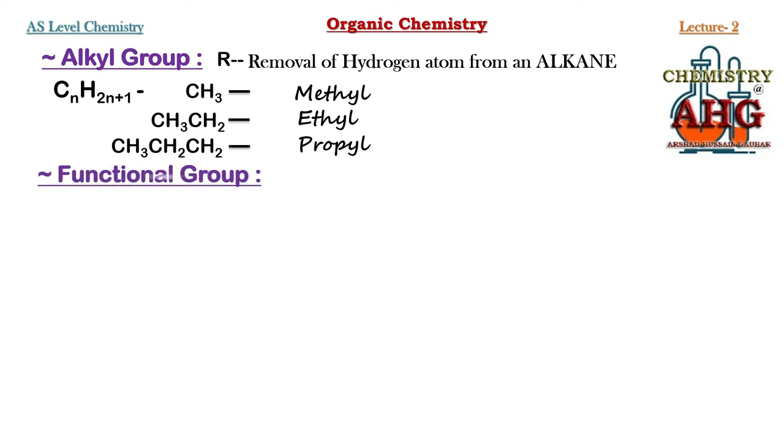That atom or group of atoms is known as functional group. So how can you define in organic chemistry what is the functional group? It is an atom or group of atoms that gives special features to an organic compound. An atom or group of atoms that gives special properties to a homologous series is known as functional group.